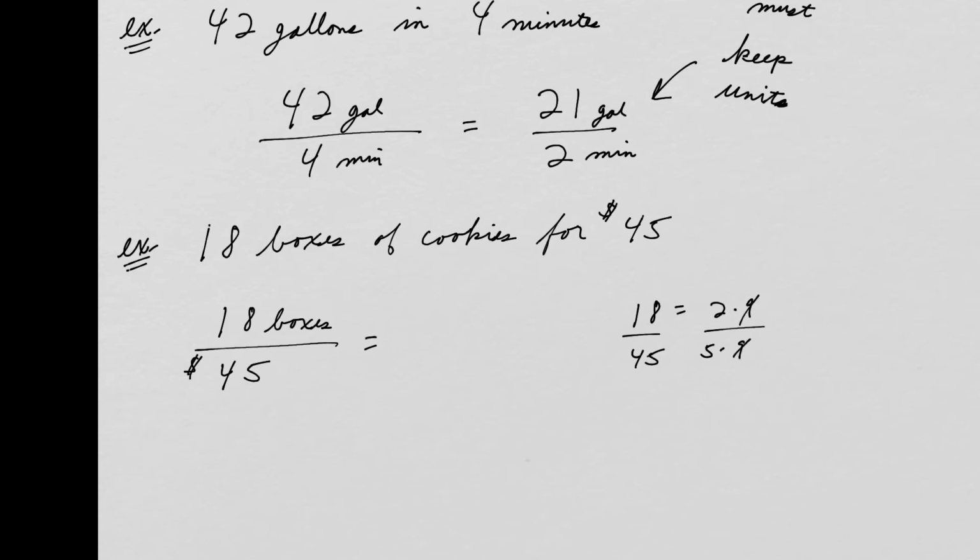So this is 2/5, but we have to keep the units. So it's 2 boxes over $5, because it's a rate now. By the way, you could also write it the other way. If it said $45 for 18 boxes, then you would flip it, and it would be $5 per 2 boxes.